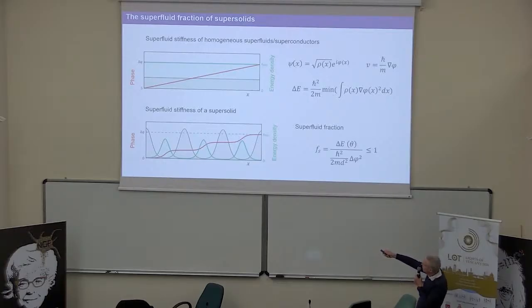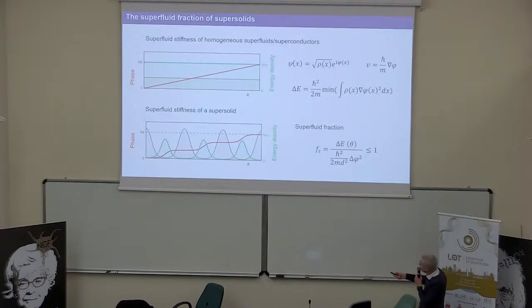This means that the velocity is not constant for the whole system. Essentially the peaks stand still, they do not move, and only the background part where the density is low moves. So it's a completely non-classical behavior.